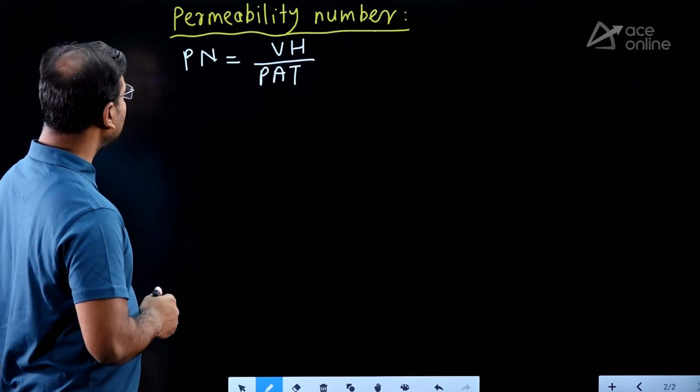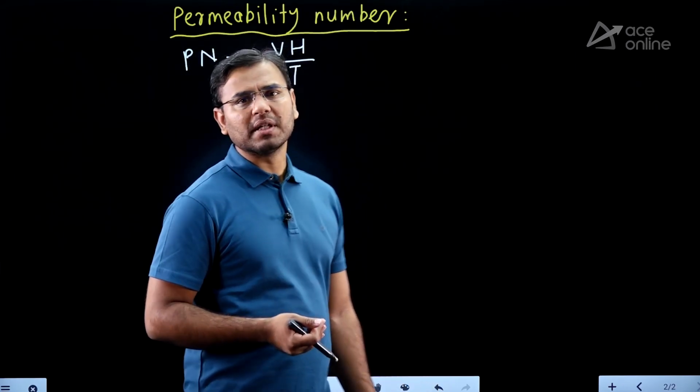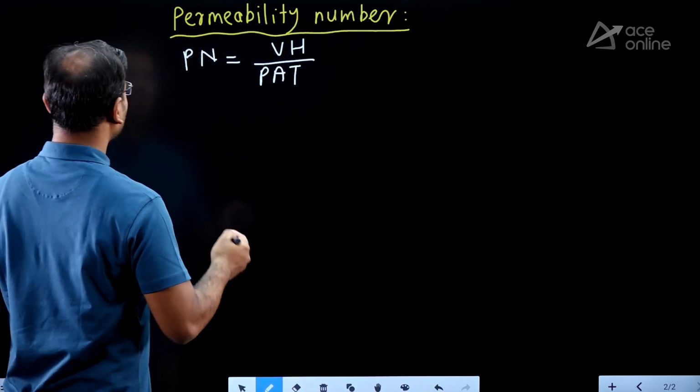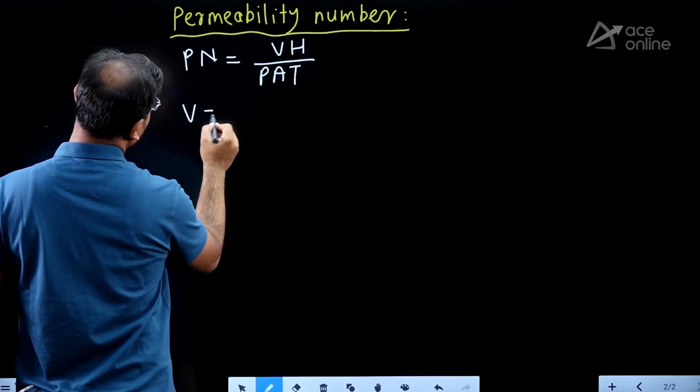In the formula VH by PAT, there is one specimen. I am now drawing the diagram of that specimen, and to that specimen we are going to supply the volume of air, which is 2000 centimeter cube. Capital V is the volume of air, 2000 centimeter cube.